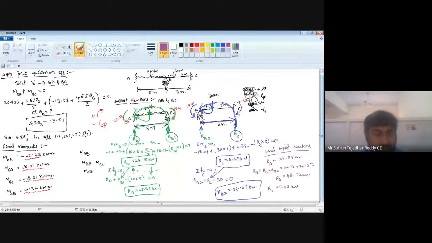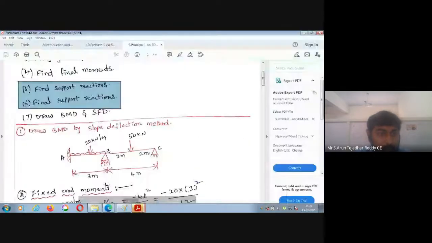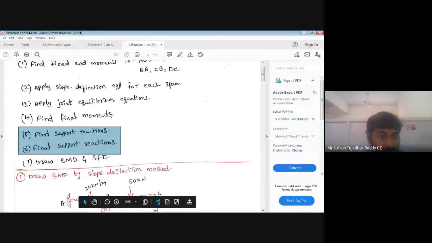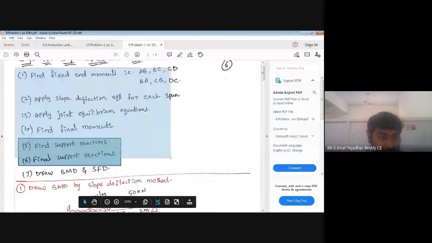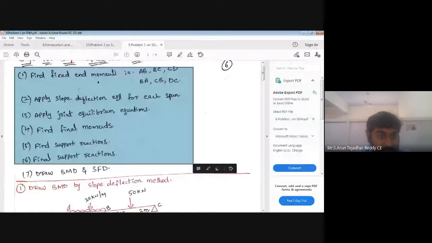All of you take a screenshot here. So up to here we have completed a total of 6 steps. Fixed end moments completed, slope deflection equation completed, joint equilibrium equations completed, final moments completed, support reactions completed, final support reactions also completed.